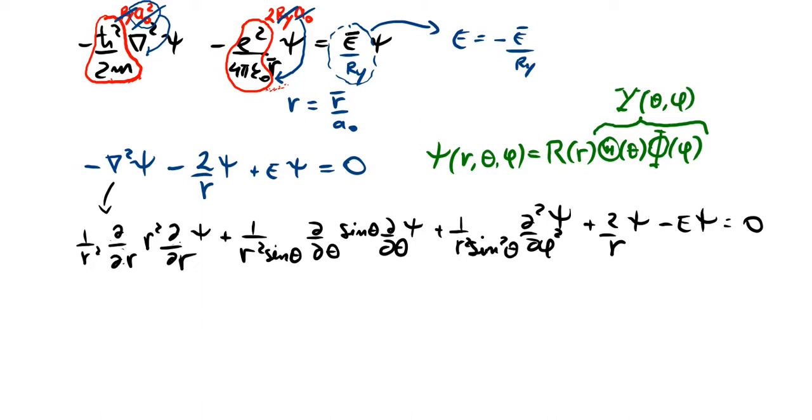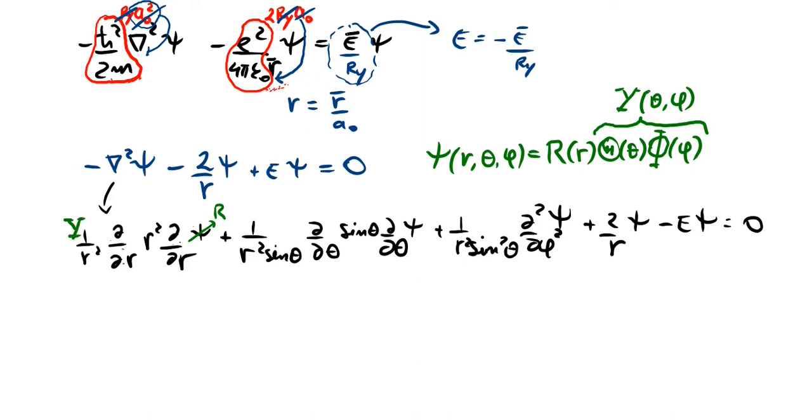So now that you have a function like that, you can substitute here, and this is going to be something like, instead of psi, I'm going to write R. And then you see that here there is a derivative in r, so I could put these other functions just here, right? I'm going to use the Y function here.